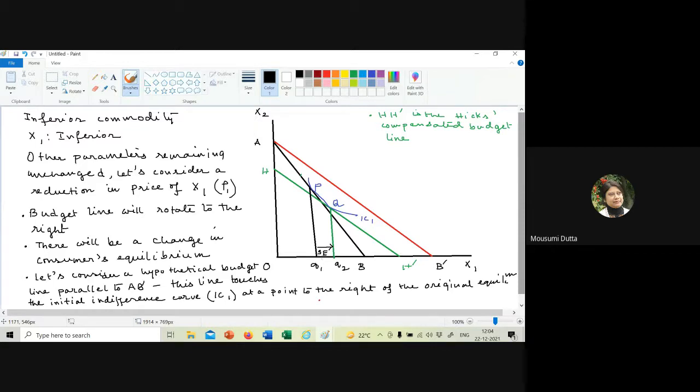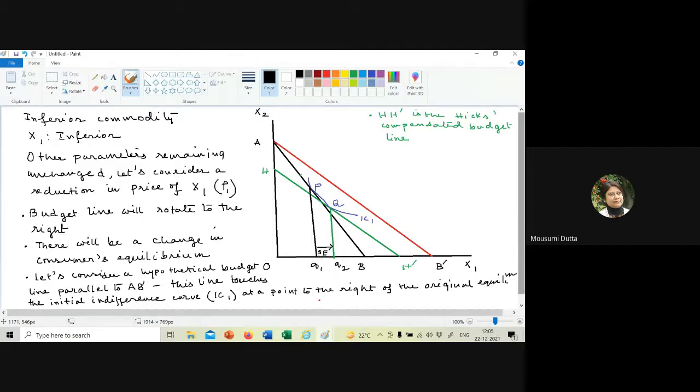However, both along AB and HH prime, the real income of the consumer remains constant, because we are following the Hicks definition of constancy of purchasing power, which indicates we are cutting down the income in such a way by some tax, etc., so that the consumer is left with enough income by which she will be able to purchase along the same indifference curve.